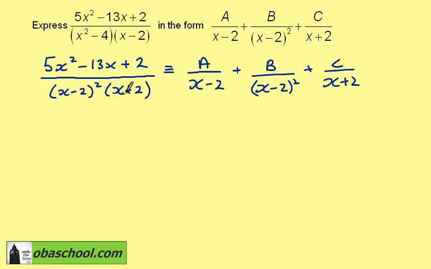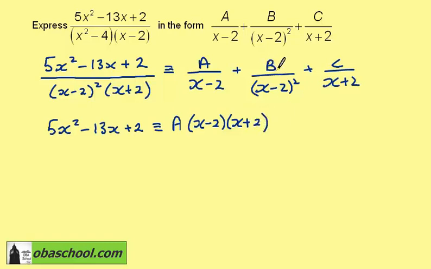We're going to multiply right through by the whole of this denominator. If we do this to the left, we just get 5x squared minus 13x plus 2. If we now do it to this term, the x minus 2 here will cancel with one of the x minus 2 here, leaving us with a times the other x minus 2 and the x plus 2.